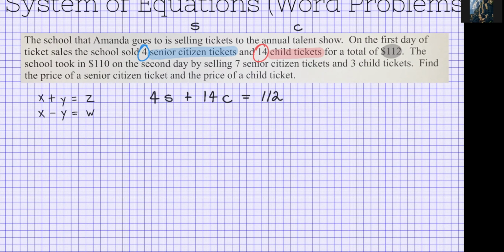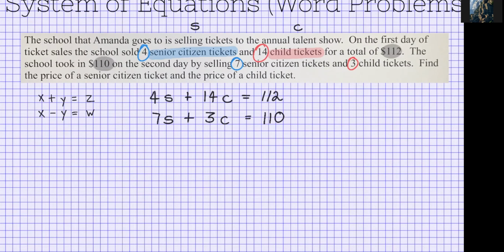Now we do the same for the second one. We have $110 as the result, and this comes from 7 senior citizen tickets and 3 child tickets.